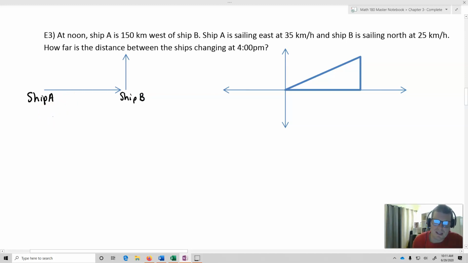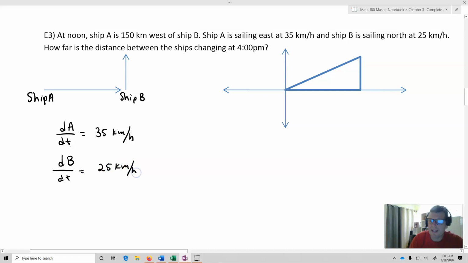So let's call this dA dt, with A being the position of the ship and t being the time, so this is the rate at which ship A is traveling. So this is going to be 35 kilometers per hour. And ship B is sailing north, so dB dt is going to equal 25 kilometers per hour.